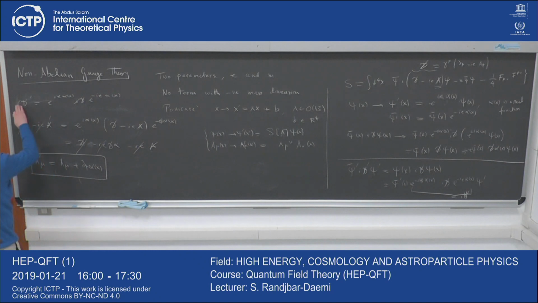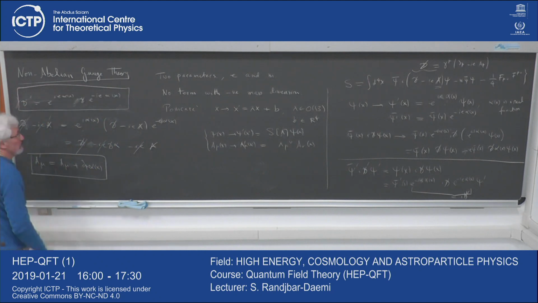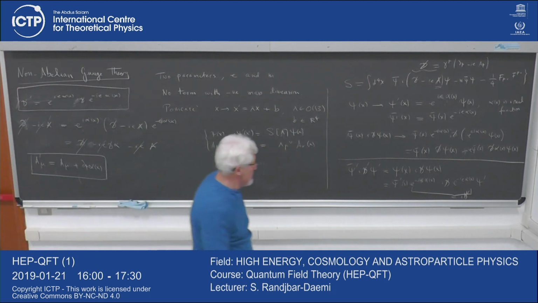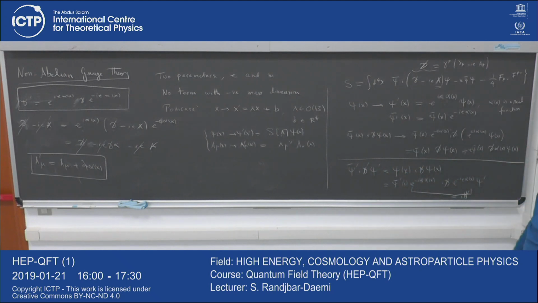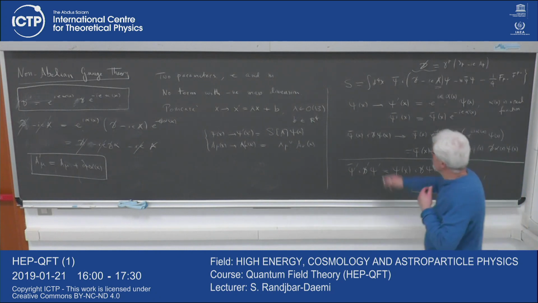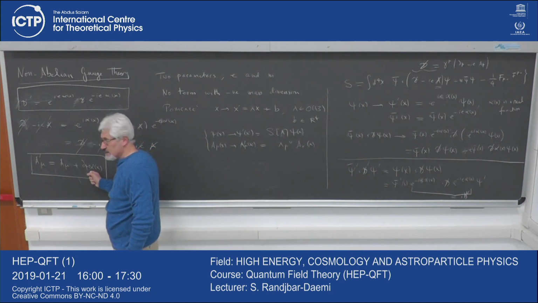So this is the condition for the gauge invariance of the fermionic term in the action. You see that this action has an arbitrariness of a function in it.